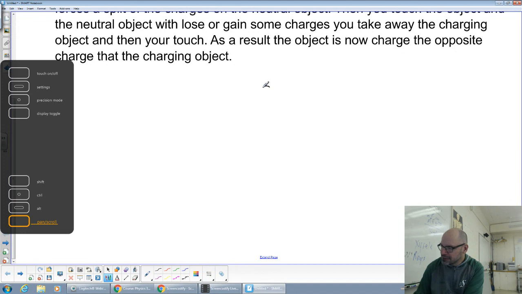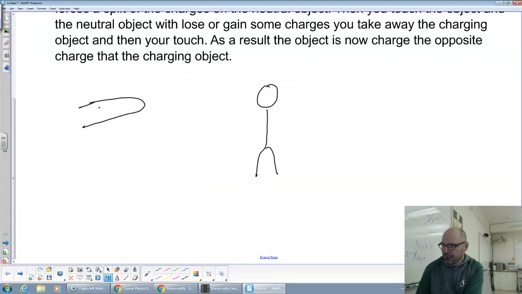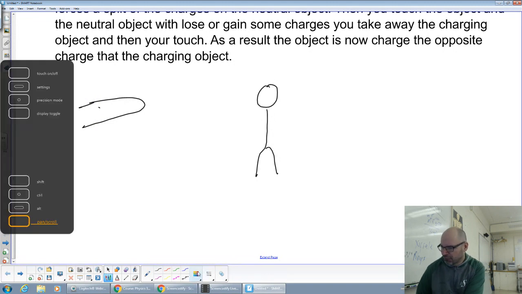Okay, this is neutral. Then let's do a charging rod that is positive or negative.